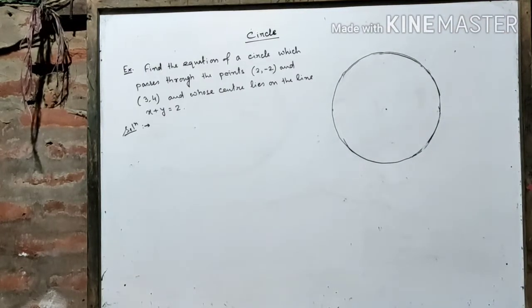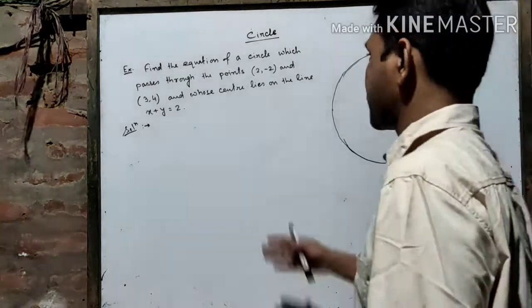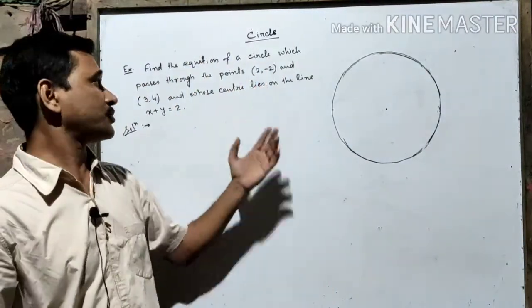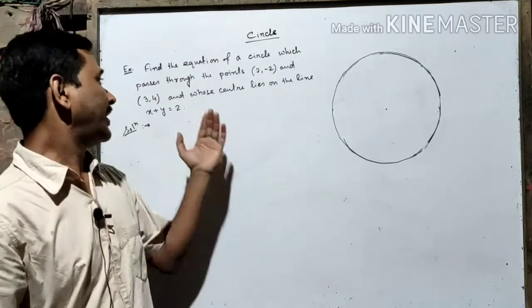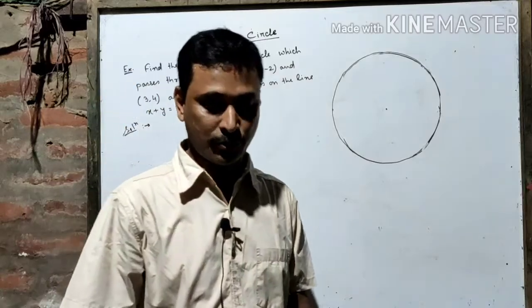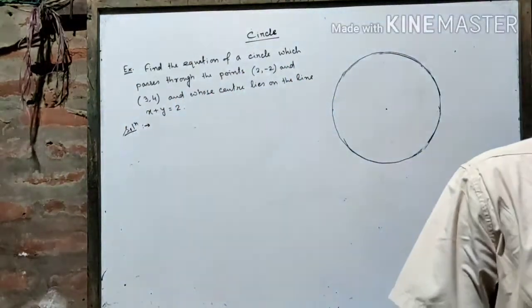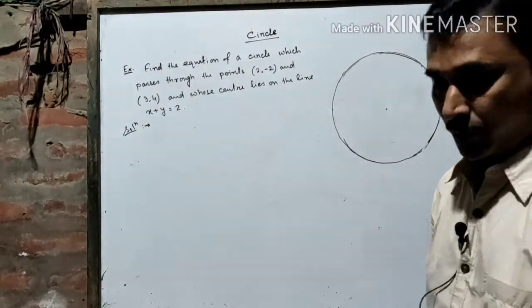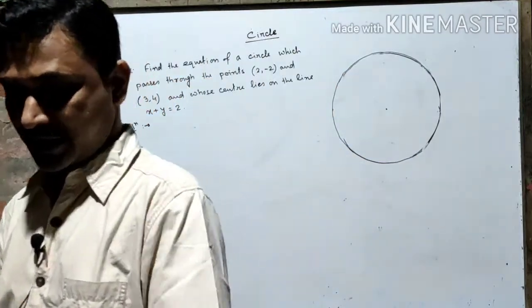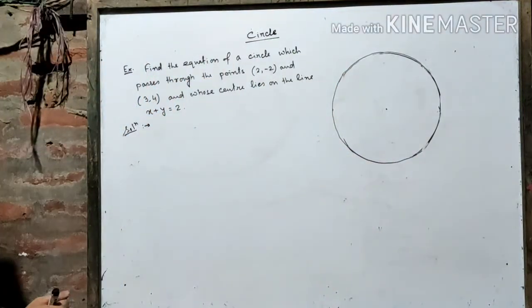So our first question is, find the equation of a circle which passes through the points (2, −2) and (3, 4) and whose center lies on the line x + y = 2. You can solve this question by using both the general form and the standard form. Let us try with the standard form.